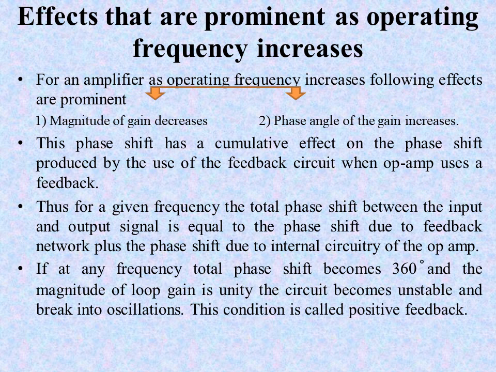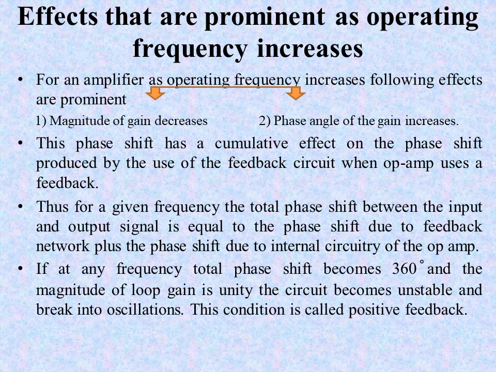As the phase shift becomes 360 degrees and the magnitude of gain becomes 1, the circuit becomes unstable and breaks into oscillations. And this condition, we know, is the Barkhausen condition for oscillations.